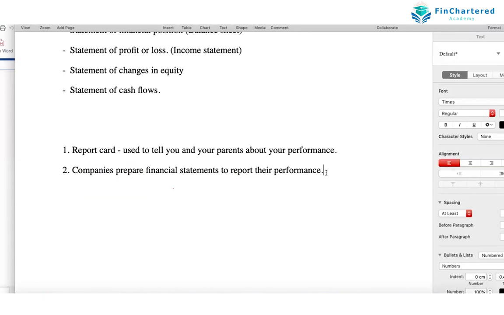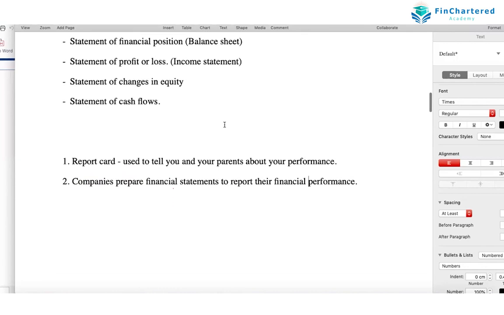Even non-financial, you will have that in a certain thing, but for now, I'll just talk about financial performance. And that is what you are going to learn in FR.